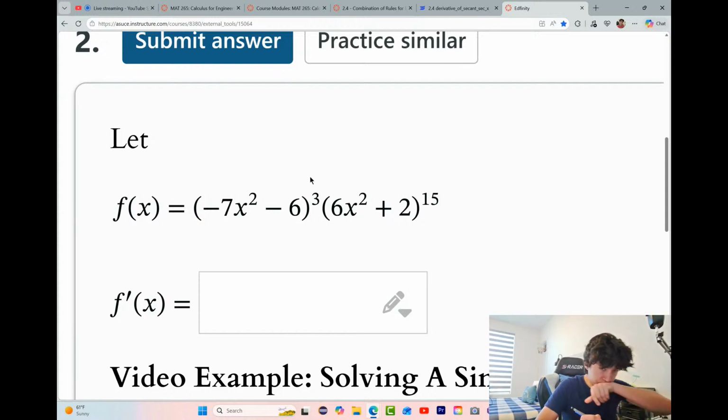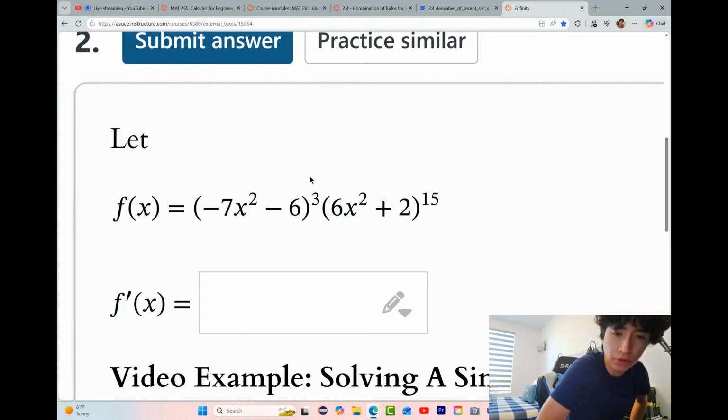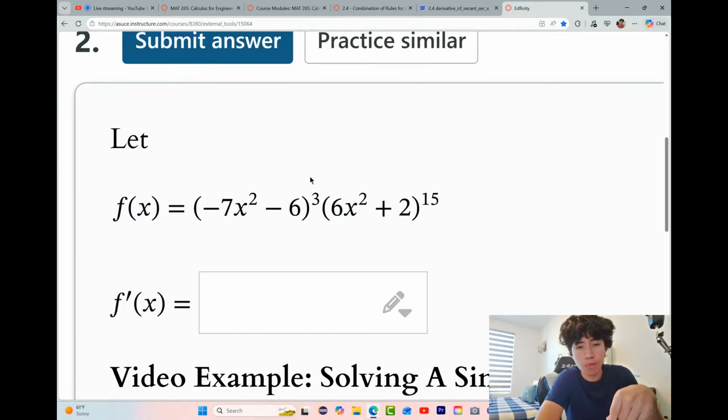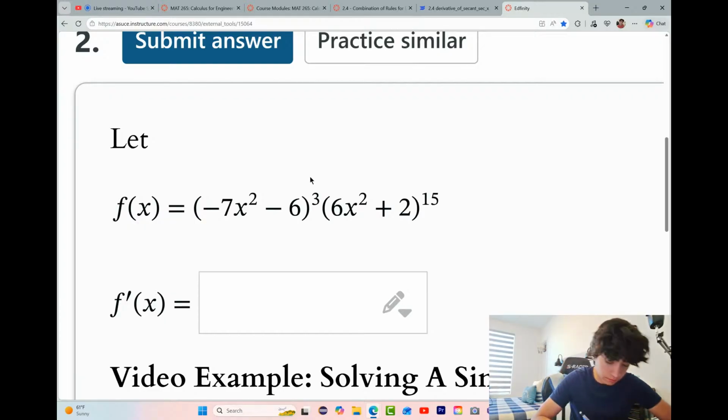Let's see. Well, I mean, we obviously got the power rule, and I see that we also got a composition of functions. So let's do that. Yeah, so y equals negative 7x squared minus 6x, all of that to the power of 3. Y prime is going to be the derivative of the inner function.